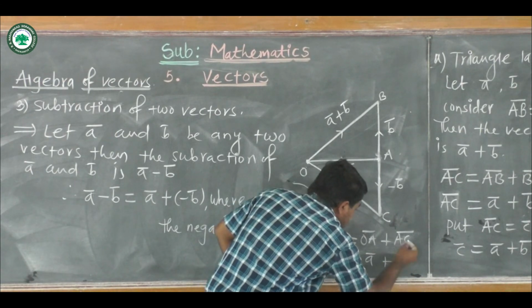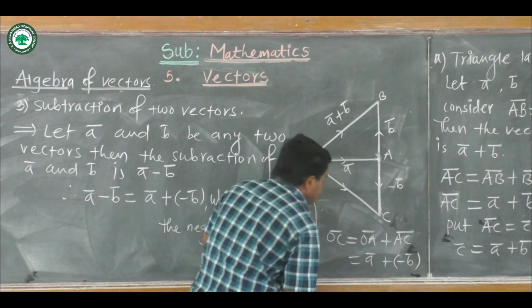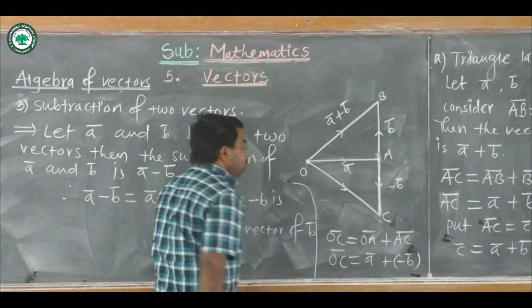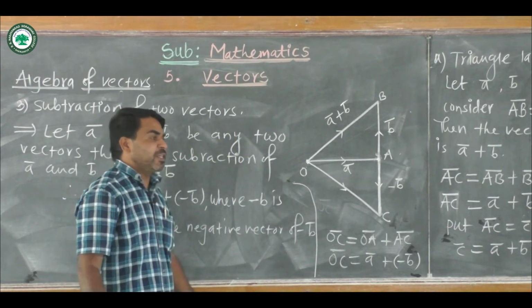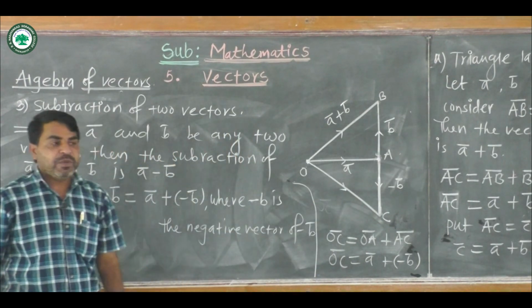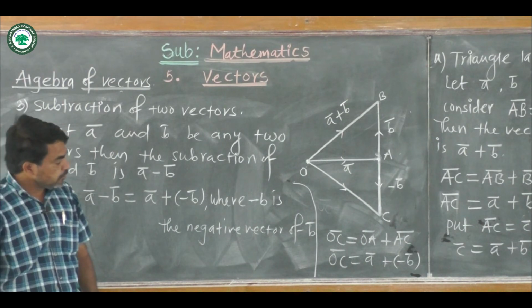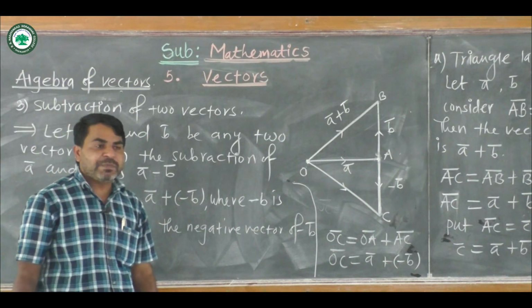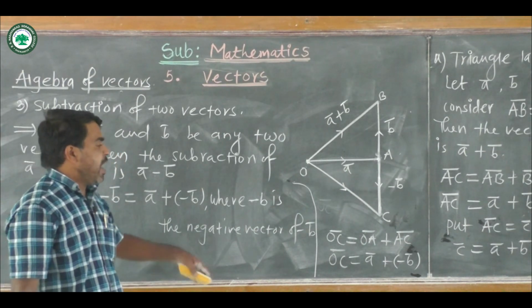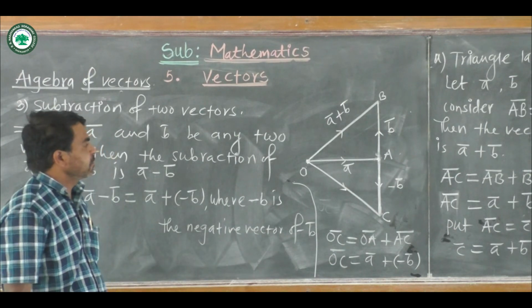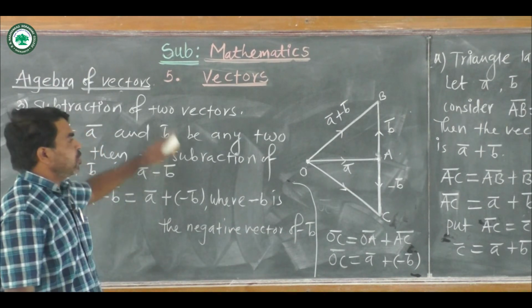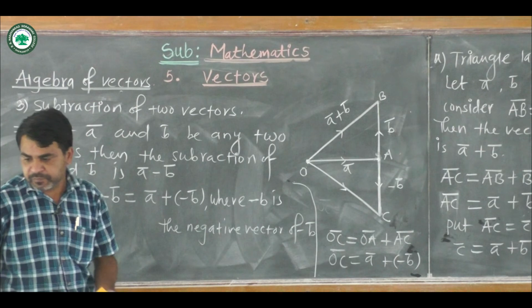A bar. Plus what is AC bar? Minus B bar. So OC bar is equal to A bar plus minus B bar, that is A bar minus B bar. So in this way we can express subtraction in the form of addition of two vectors. So this is subtraction of two vectors.